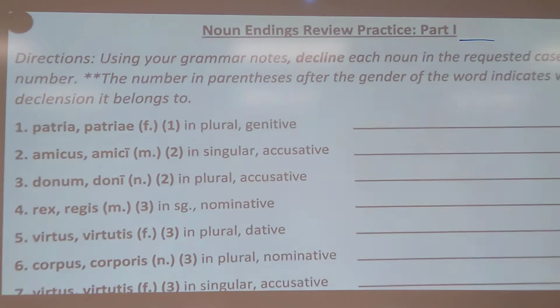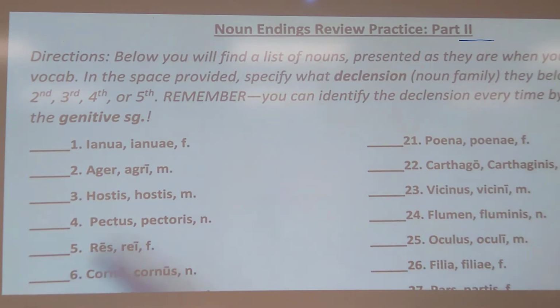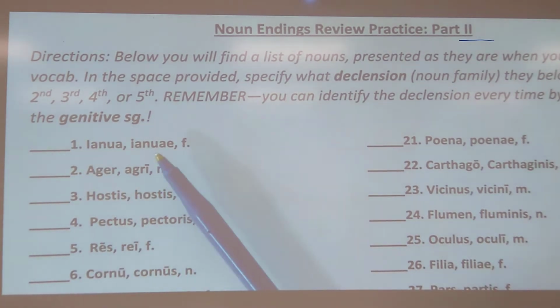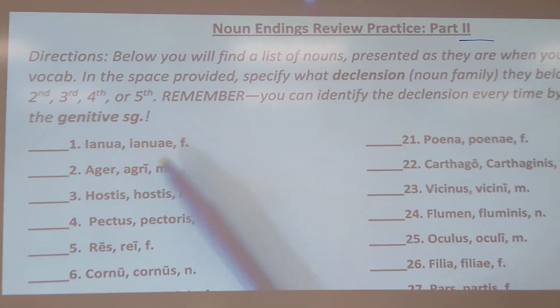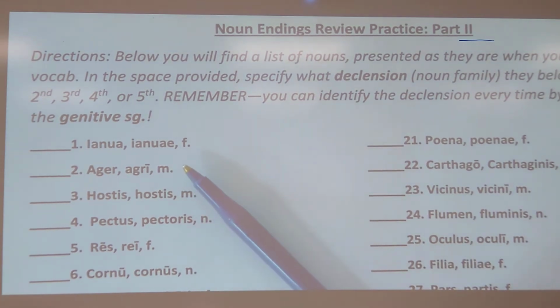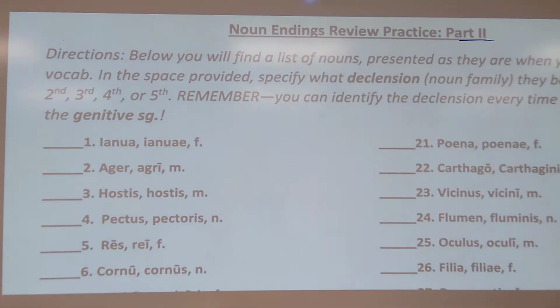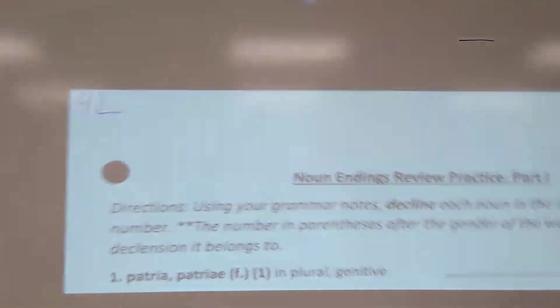On the back side of the page, we have part two, where your job is really just to do one thing: identify what declension it belongs to. So we'll do a few from the front and then a few from the back, and then I will share the answers with you. And when you're checking your work, you can just pause the video and hopefully zoom in and see those answers. So let's go ahead and get started.